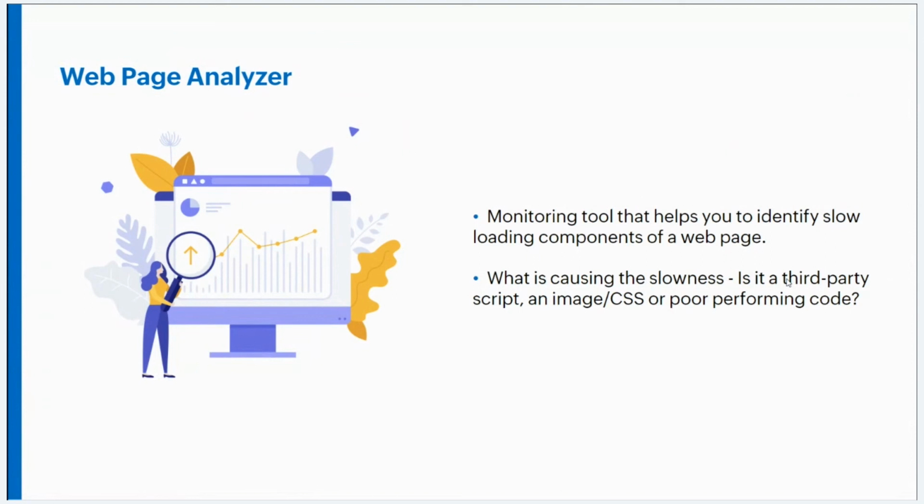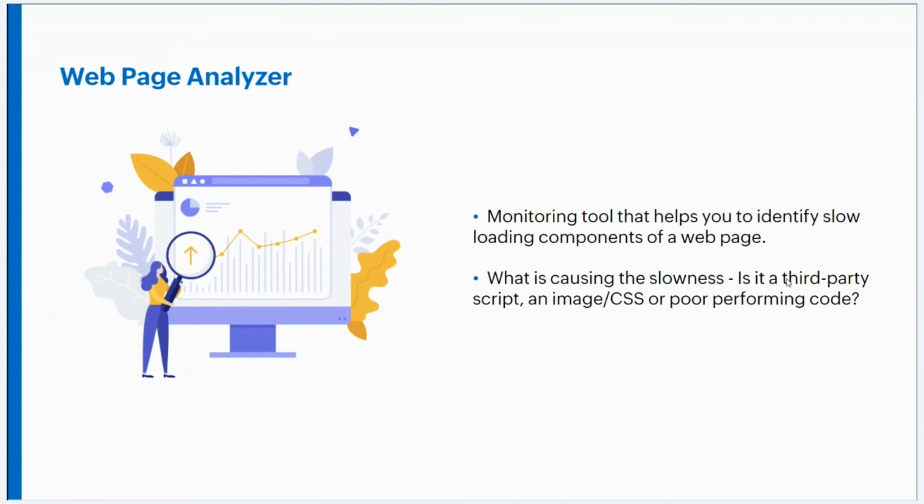PageSpeed Insights is an online tool which helps in identifying performance best practices on any given website. It provides suggestions on a web page's optimization and suggests overall ideas to make your website faster. The web page analyzer also supports something called the waterfall chart.